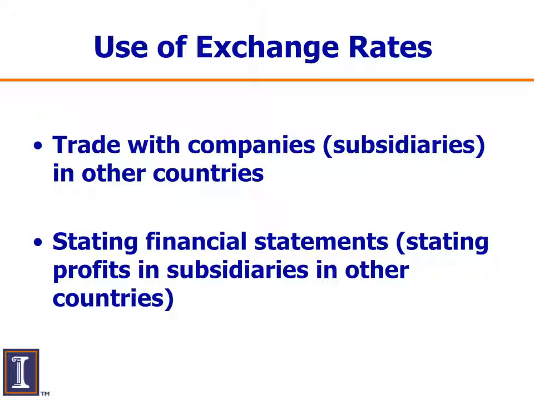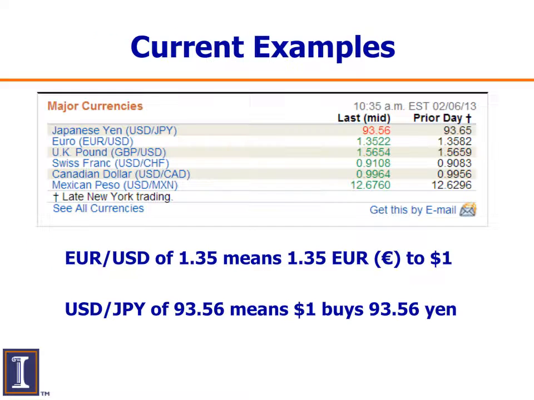If they're a public company, they need to make those statements public, and all of the operations of the subsidiaries outside of the country must be stated in terms of the currency of the country they're in. So if it's a U.S. company, all operations outside the country, whether in Brazil or Europe, all of those income and expense items must be stated in terms of the home currency. So exchange rates are used to make the transformation of those financial statements back to the home currency.